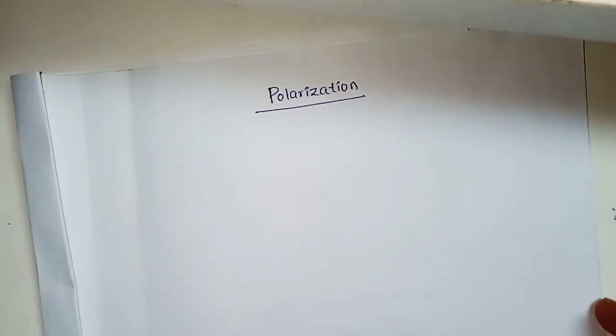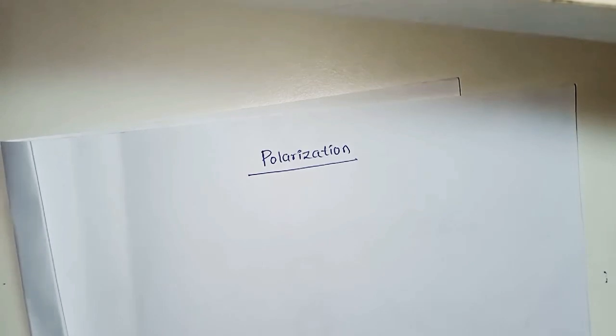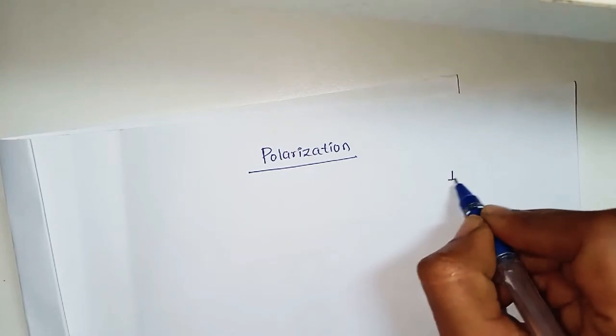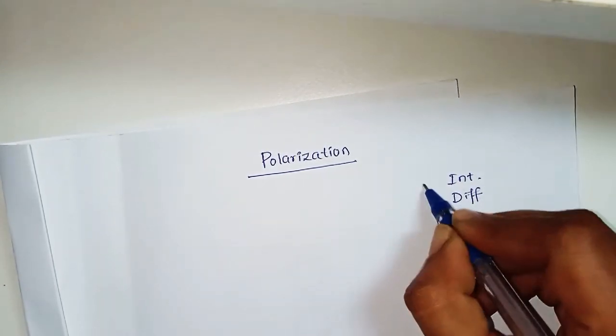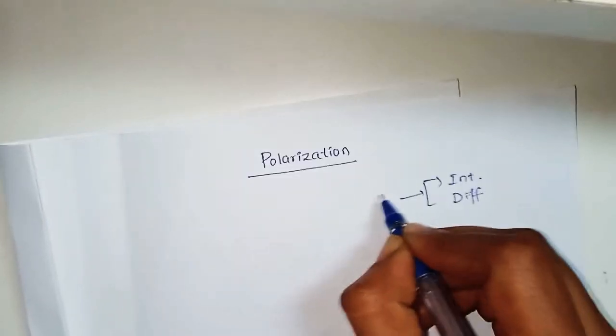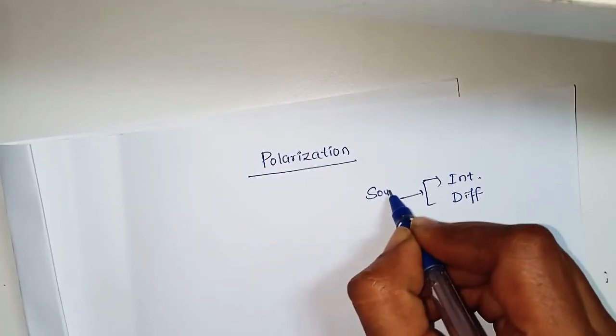And also we know that light and sound travel as waves. Light is transverse in nature, but sound is a longitudinal one. It shows both phenomena, that is interference and diffraction. These two phenomena are exhibited by sound.